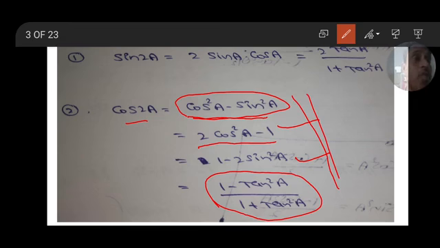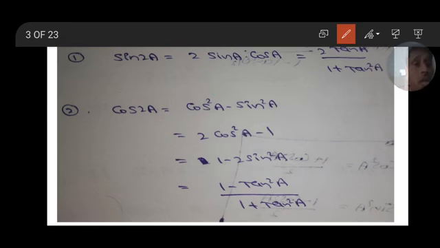The first is cos square A minus sin square A, the second is 2 cos square A minus 1, the third is 1 minus 2 sin square A, and the fourth is 1 minus tan square A by 1 plus tan square A.